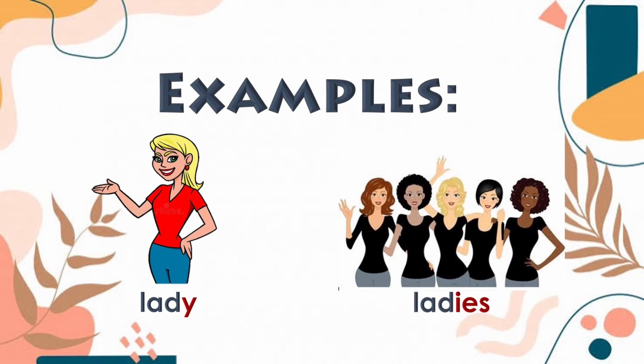Therefore, we should omit the letter Y and change it to I before we add ES, and it will become ladies.